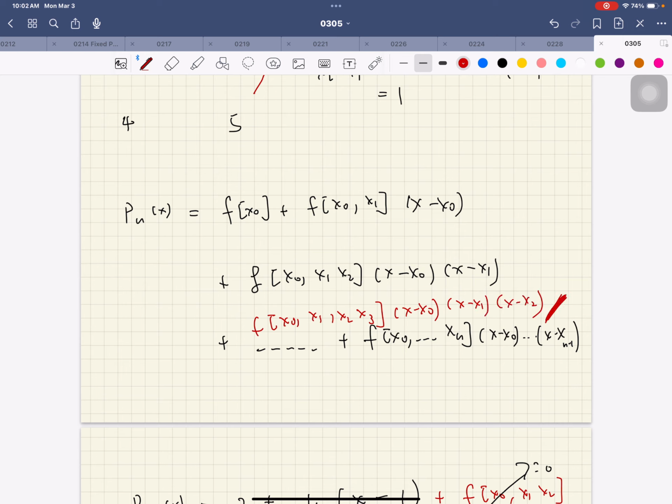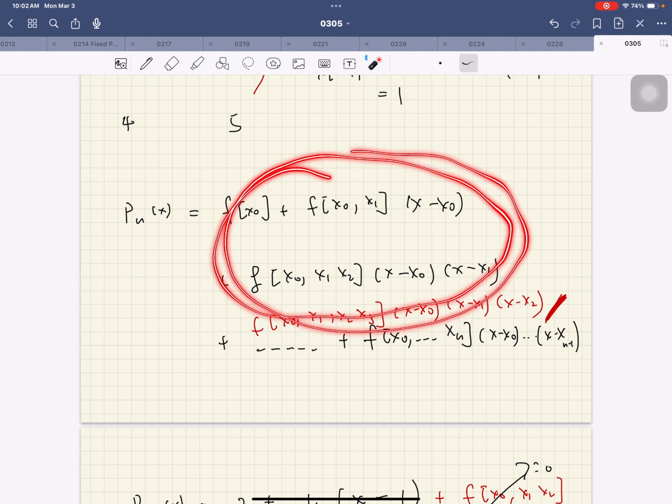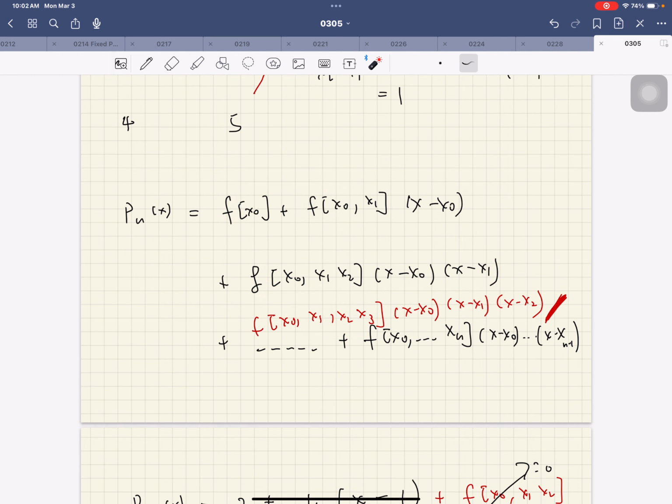We stop here because we only have n equal to 3, or 4 data points. But if you check the formula, all the terms over here do not change, they will not be affected by the given new point, which is (x3, y3), right? Everything over here only relies on the information of the first three points. So that means we just need to compute this term.